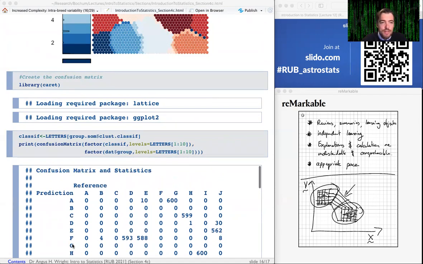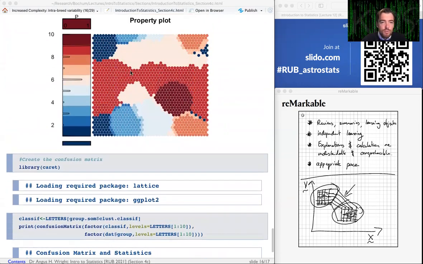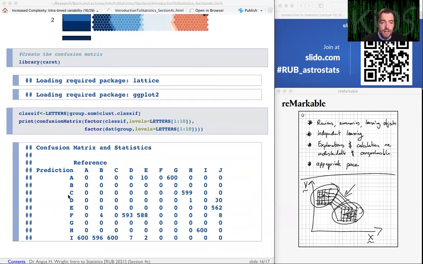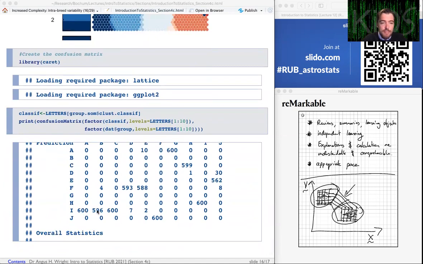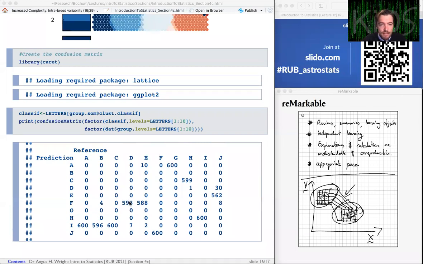So what's happened is that this big red section actually encompasses multiple true groups of the data. And so we've ended up assigning A, B, C all to I, but then D and E have both gone into F, so it's happened again. J has been assigned uniquely to F, so we have 100% fidelity.